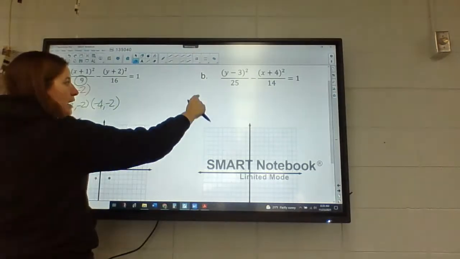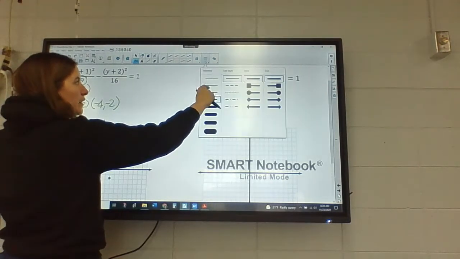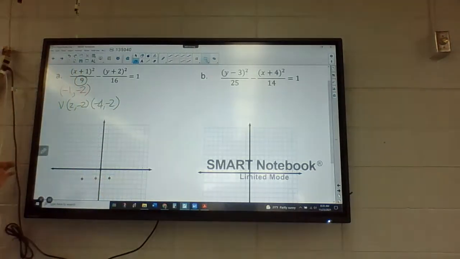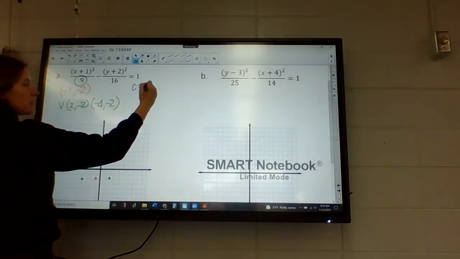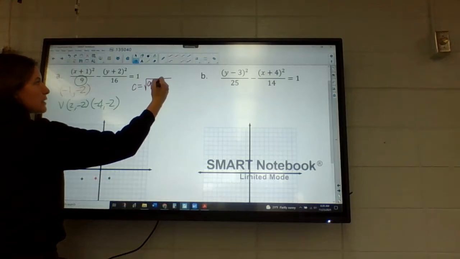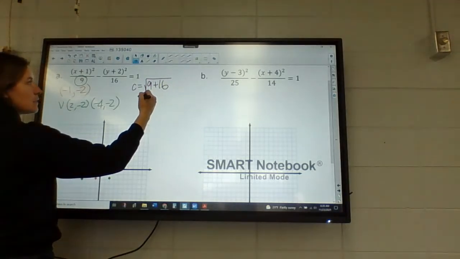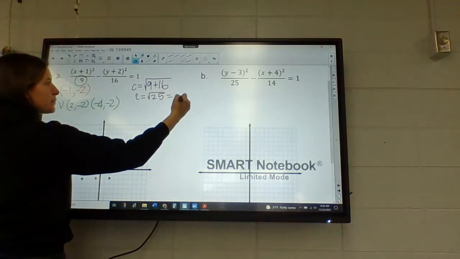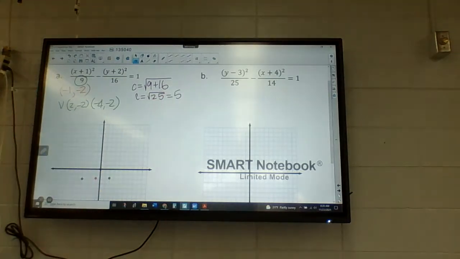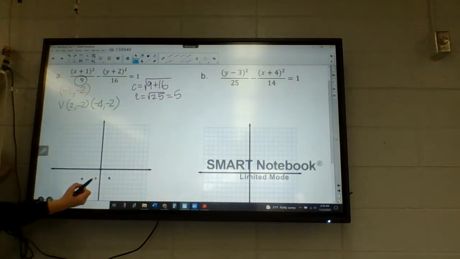Switch to foci. Now the foci, we have to figure out the c value. So c on this one is kind of a nice one, I think. It's the square root of 9 plus 16. So again, I'm going to go out 5 each way.